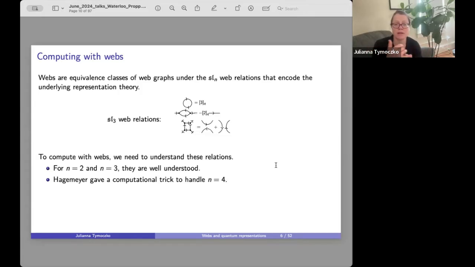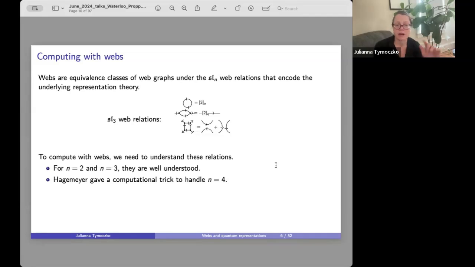To compute with webs, we have to understand how these relations work, which graphs are equivalent. When you think about a web, what are all possible ways of writing it in terms of graphs? For n equals 2 and n equals 3, this is easy. Then there's a computational trick that allows us to handle n equals 4.